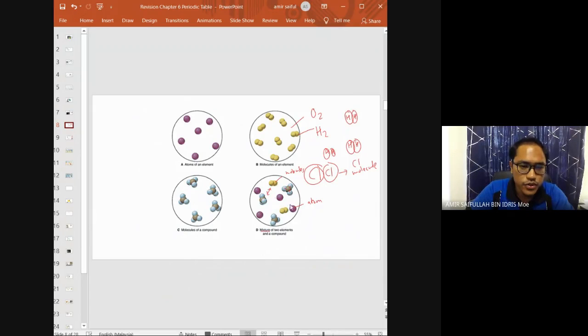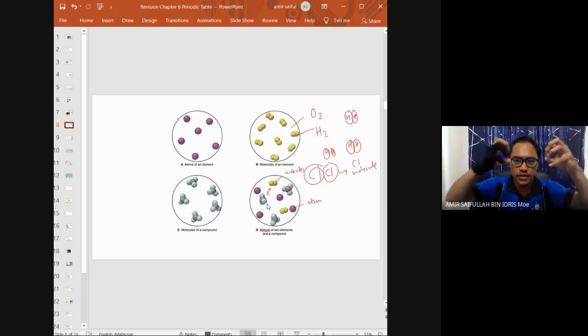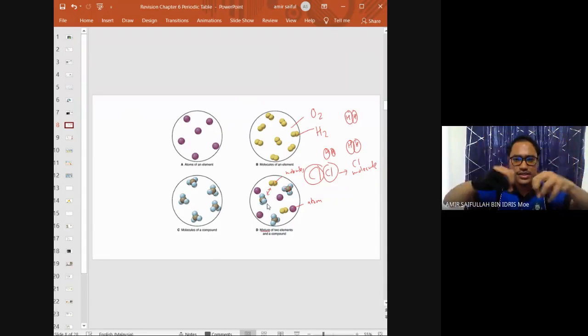Okay, so a mixture is two compounds or two elements. They exist in one same area, but they are not combining chemically. That is the difference between mixture and compound. Compound, two elements combined together. But mixture, they can exist in one same place, but they are not combining chemically. That is the difference. Can you understand?